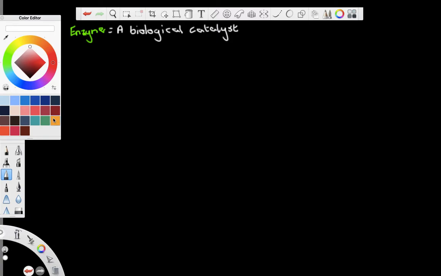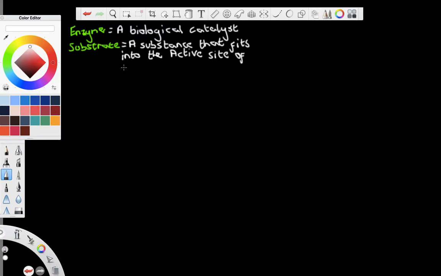Now enzymes work on what are known as substrates. So a substrate is a substance that fits into the active site of an enzyme.